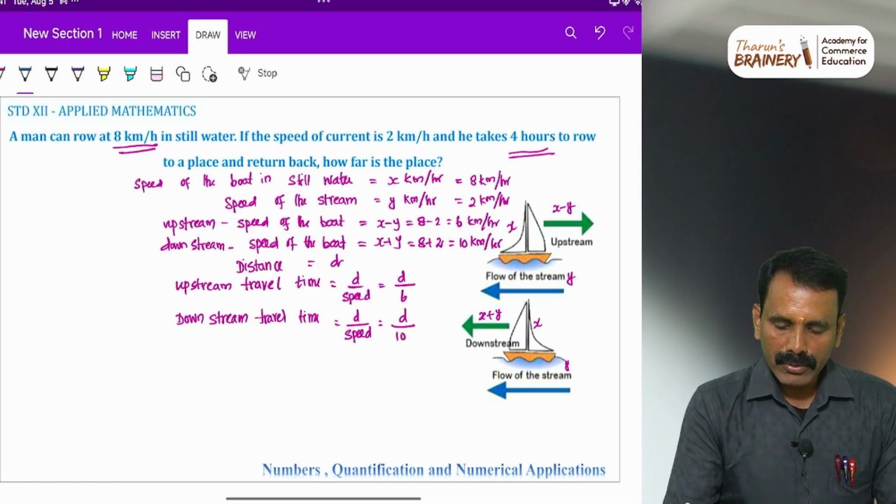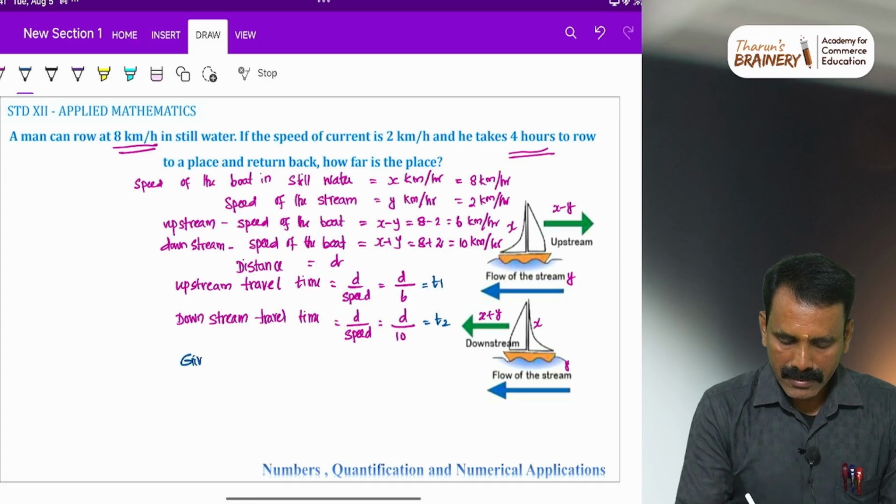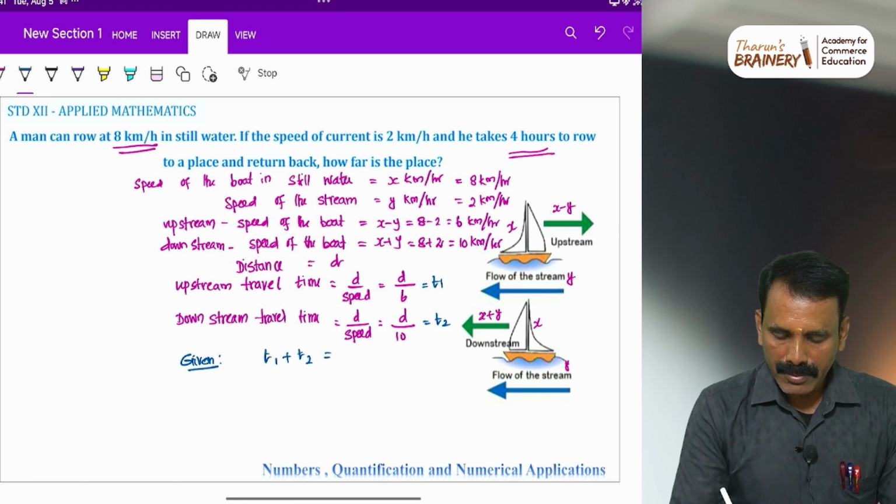Now we find the total time. We take this as t1 and this as t2, and given total time travel for upward as well as downward is going to be 4 hours. So d divided by 6 plus d divided by 10 is equal to 4.